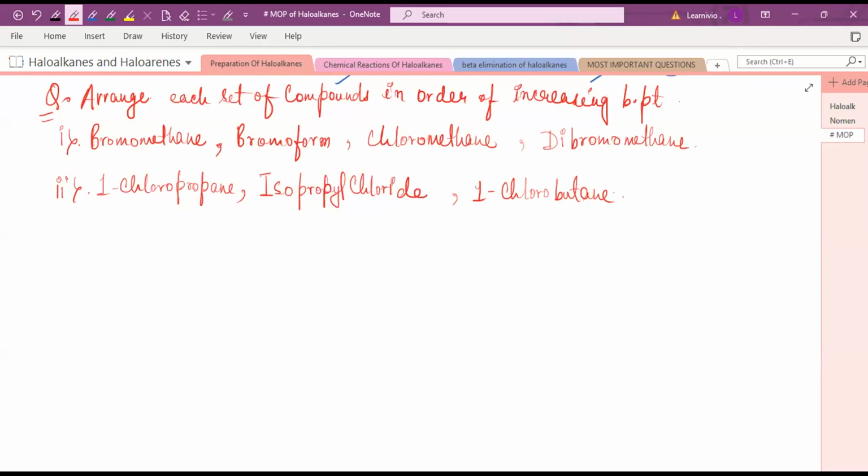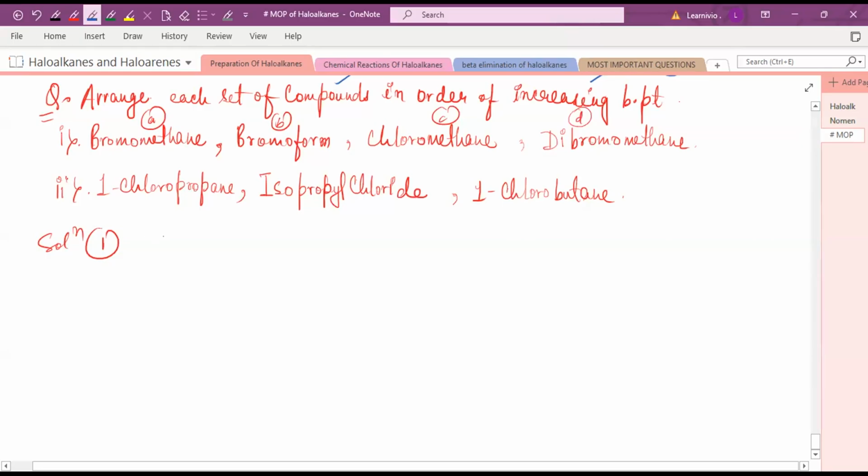Is it chloromethane, bromomethane, then dibromomethane, and then bromoform? Again, just tell me. Chloromethane, I'm just naming them A, B, C, and D. Just tell me accordingly.